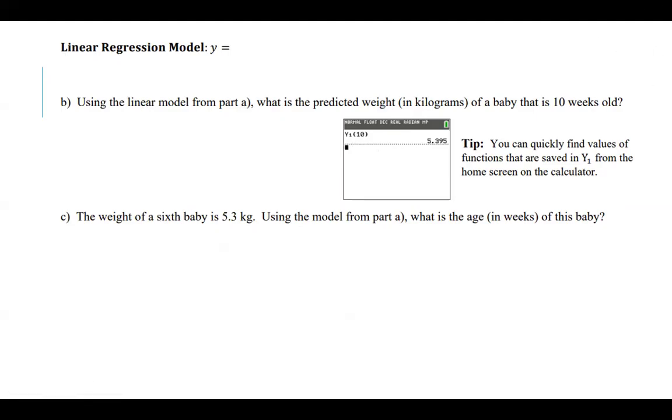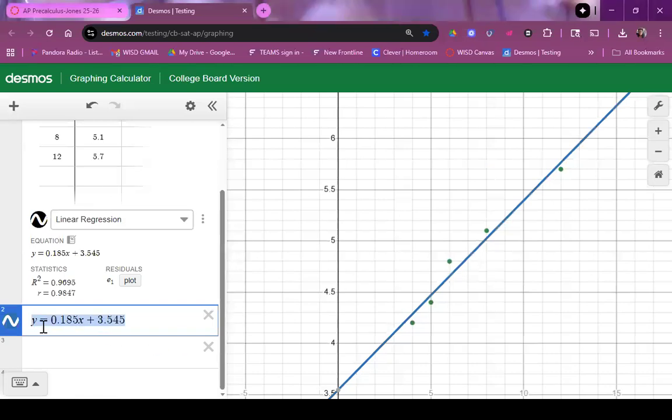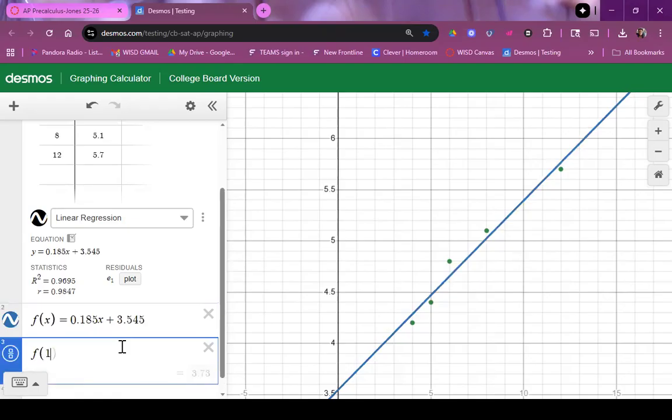And in Desmos, in order to use the function notation feature, you see how we exported our Y? You simply have to change it to f of x. And if you change it to f of x, now you can do f of 10 or f of whatever you may need, and it'll do the same thing.